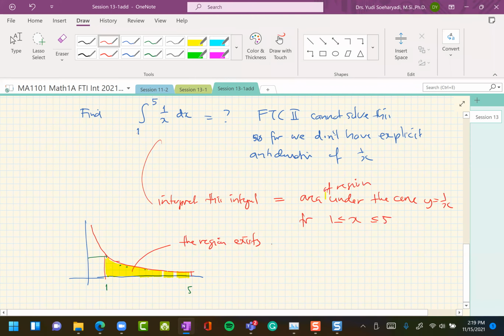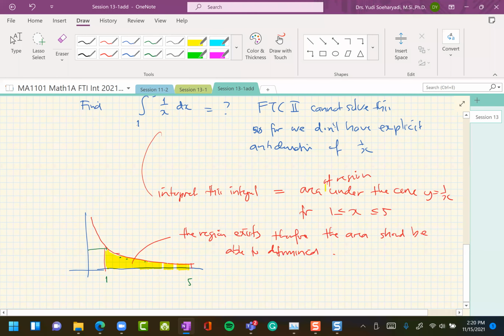Therefore, the area should be able to be determined. You can use approximations, whatever.